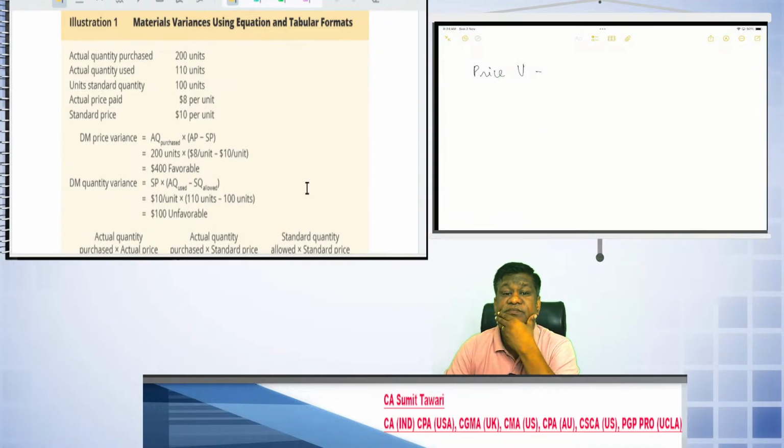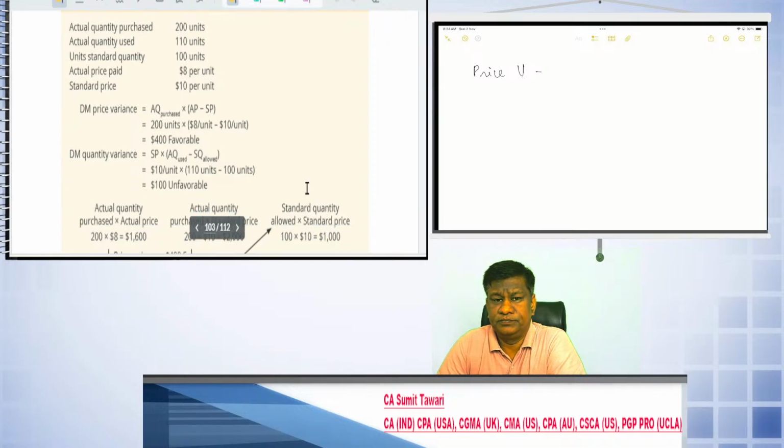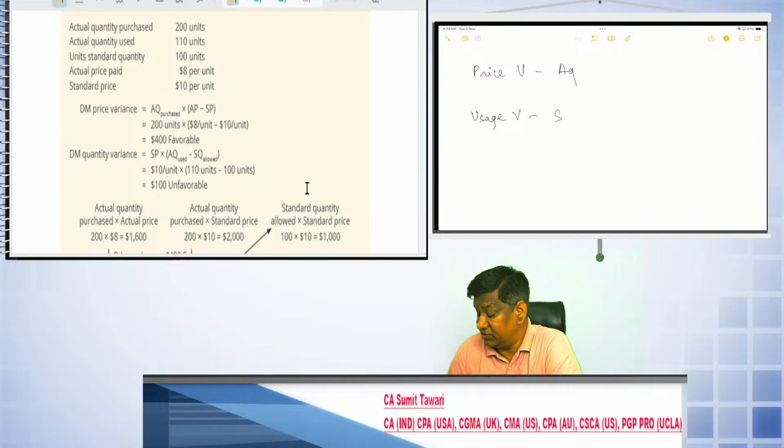Any guess? It is given here. If I'm calculating the price variance, what could be the common factor? Actual quantity. And if I calculate the usage variance, then the standard price. The difference I am calculating is standard price minus actual price.